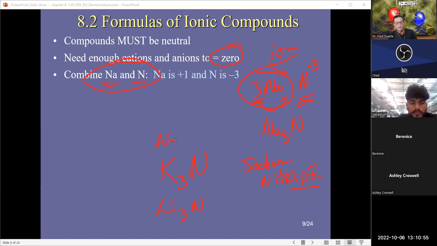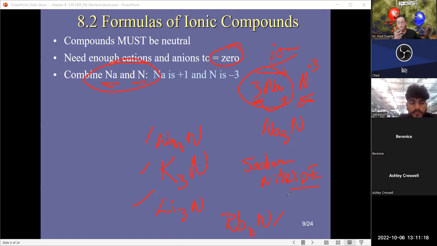We had sodium nitride we just did. Okay, and we could go rubidium nitride, everybody in group 1. Okay, because we know that everybody in group 1 has 1 valence electron. They're all going to have a +1 charge. And so look what you've done already at this point. You've got 1, 2, 3, 4 new compounds you can work with.